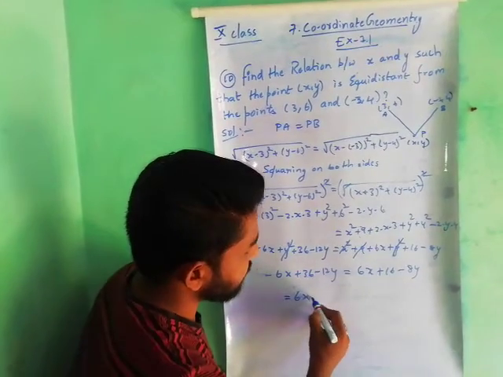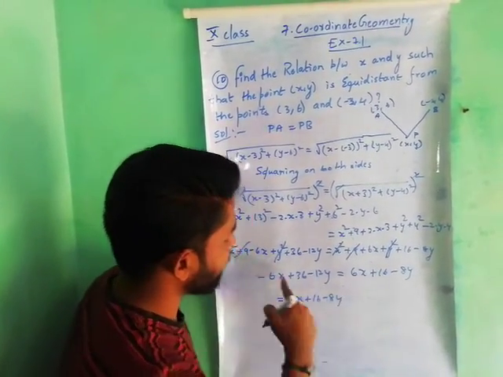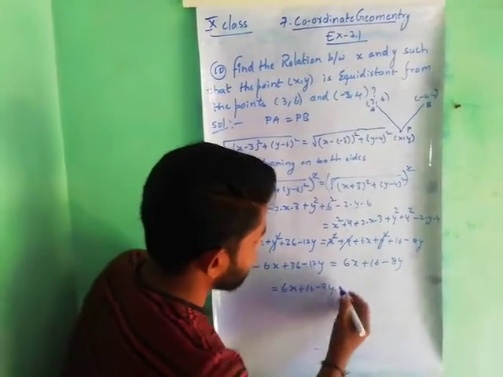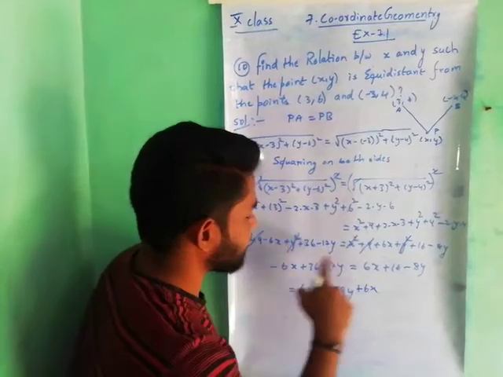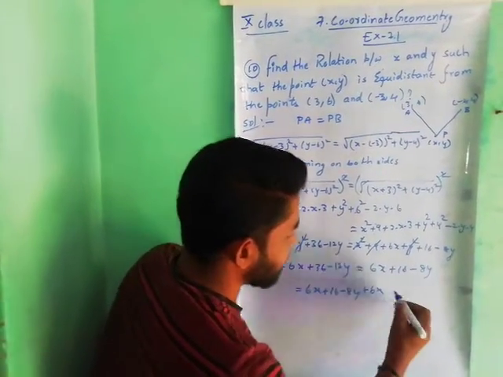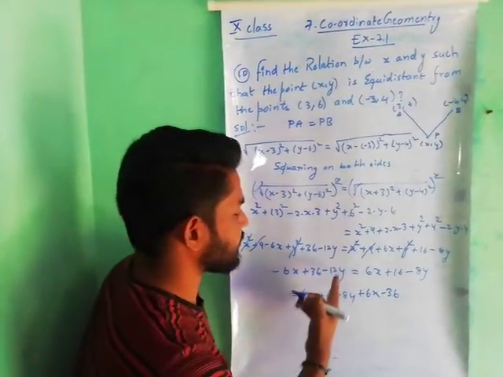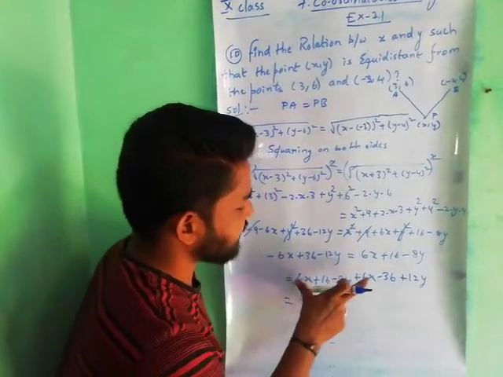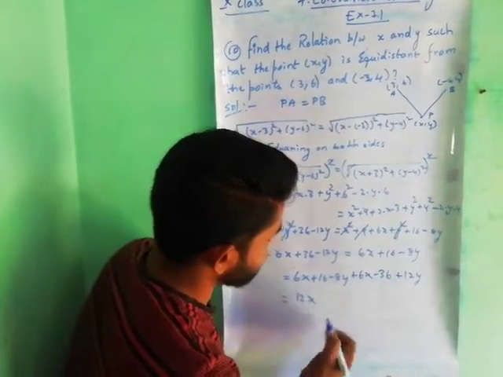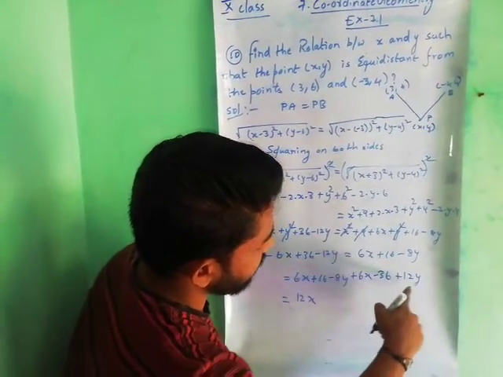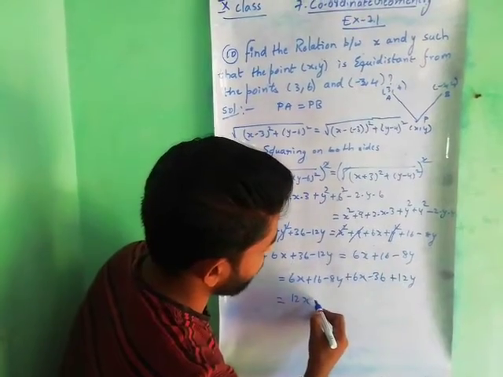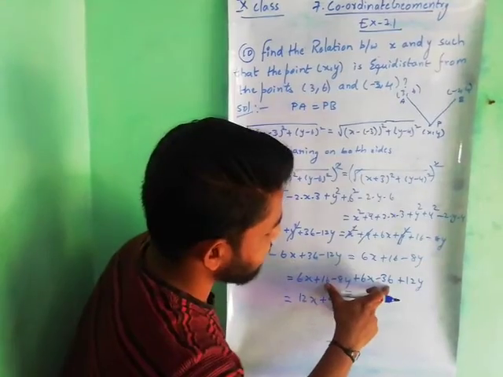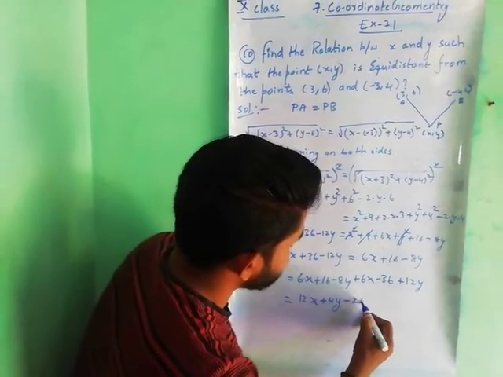So 6x plus 16 minus 8y, all terms you have to take from the right hand side. Minus 6x become plus 6x. Plus 36 become minus 36. Minus 12y become plus 12y. So 6x plus 6x, 12x. Minus 8y plus 12y, so plus 4y. 16 minus 36, minus 20.